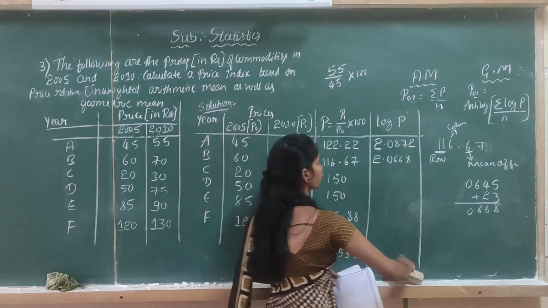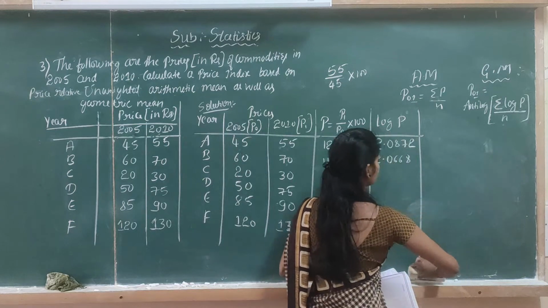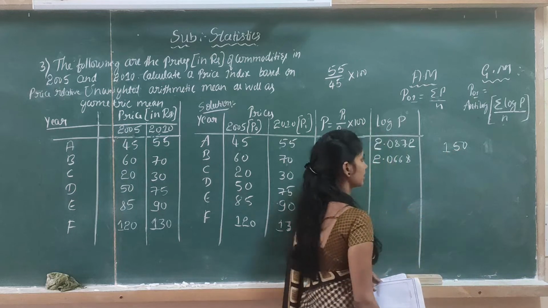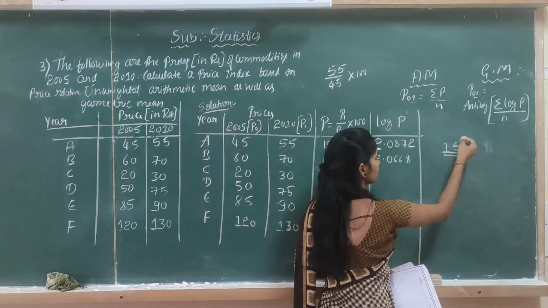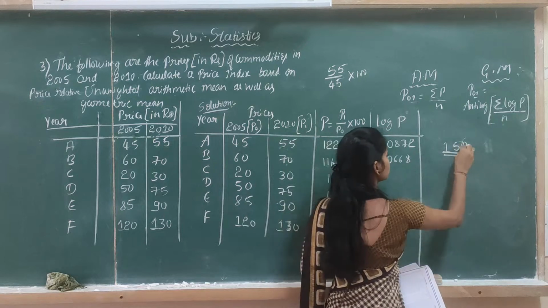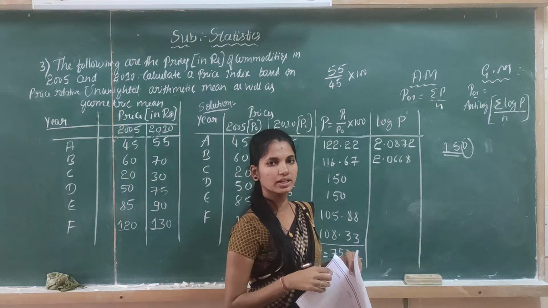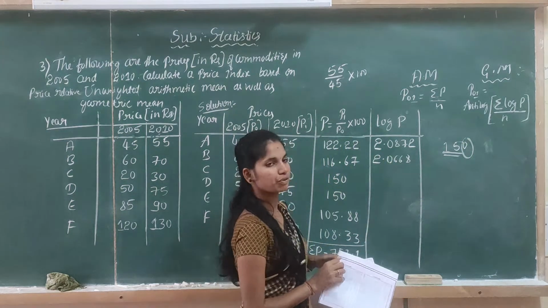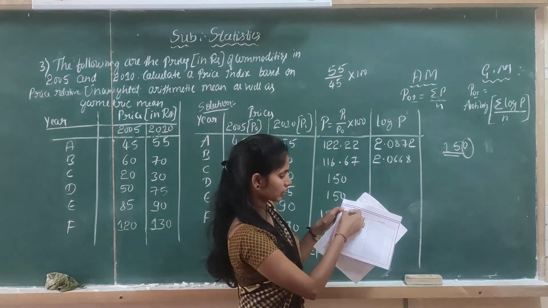Next, you find the log for 150. Here, 150 has no point and no right side values. So you have to take the 15th row and the zeros column.